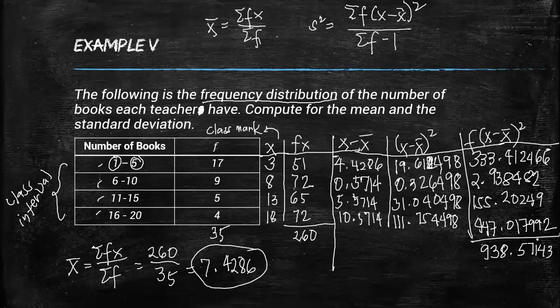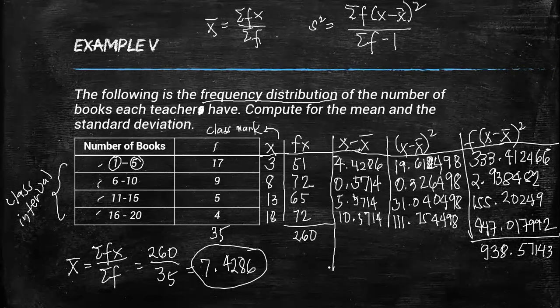Check natin ulit. 333.412466 plus 2.938482 plus 155.20249 plus 447.017992. O, tama lang. Okay.